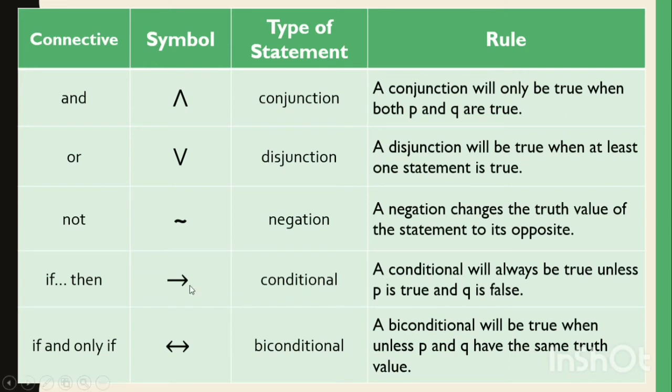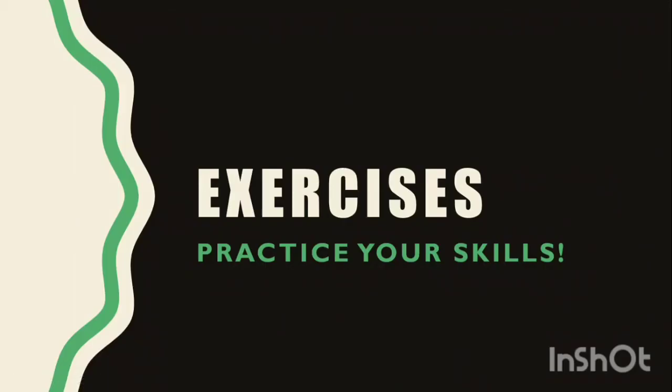For the conditional, otherwise called the if-then statement, a conditional will always be true unless P is true and Q is false. For a biconditional, or the if and only if statement, the biconditional will be true when P and Q have the same truth value. Okay, now let's practice your skills in the following exercises.